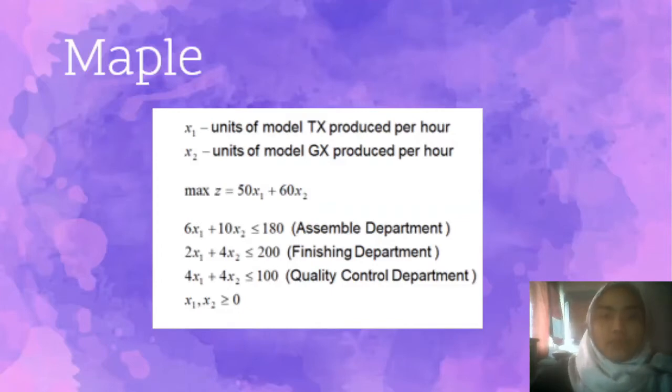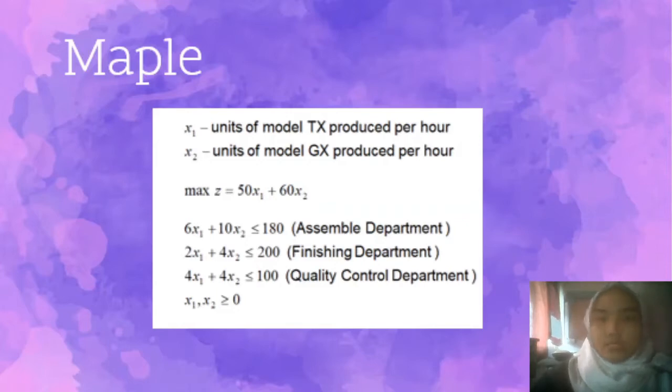Firstly, we need to distinguish the variables in the question. We mark x1 and x2 as the units of model TX and GX produced per hour. So the objective function is max z equals 50x1 plus 60x2.